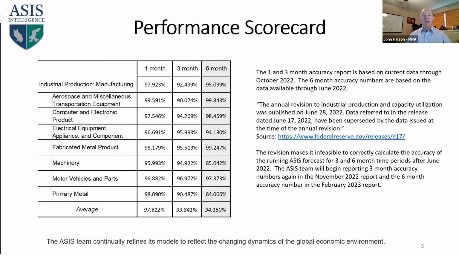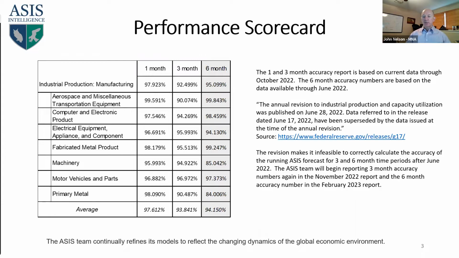What I mean by that is that 1 month out, those are the numbers. 1 month out, overall, you can see we're about 97% accurate. 3 months out, we're at 93% accurate, and 6 months out, 94% accurate. But I have to caveat that those 6 month figures are from back up till June.